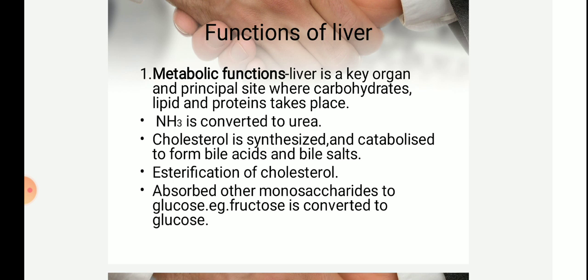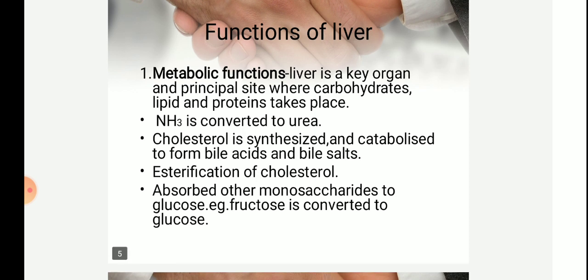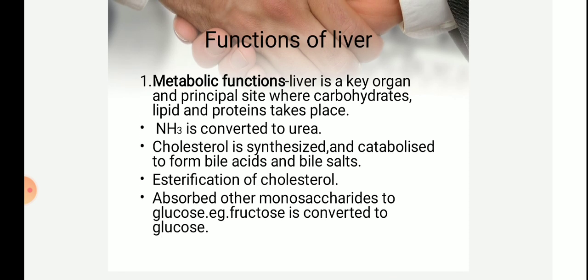The metabolic function: this is a key organ, the principal site where carbohydrate, lipid and protein metabolism take place. Ammonia is converted to urea. These are important facts wherein the tests come into play in the determination of these biochemical substances. Cholesterol is synthesized and catabolized to form bile acids and bile salts.